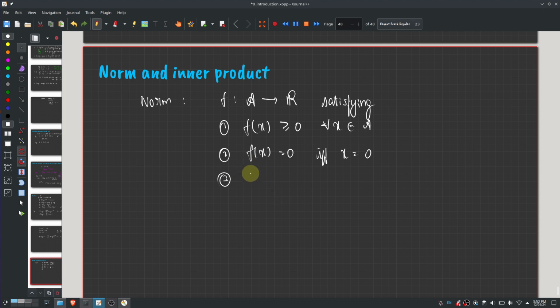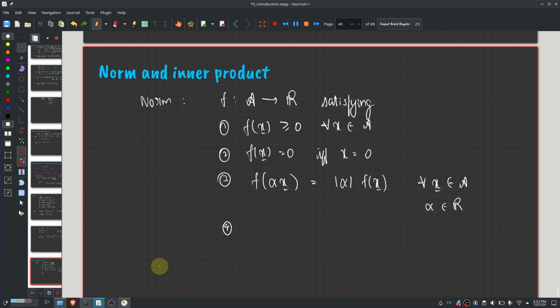All right. What else? So suppose I scale the vector by a certain amount, alpha times x. So throughout I'll use this underline to denote a vector, right? And scalars will not have underlines. So what should this be equal to? Correct. So the absolute value of alpha times the norm of x, for all x in A and alpha in R. All right.